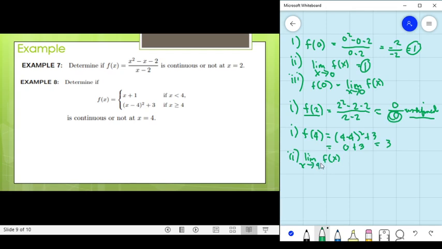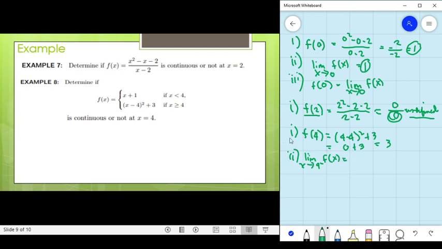Okay, from the left. So that means the values of x get closer and closer to 4 from the left. So from the left, we are going to use x is less than 4.